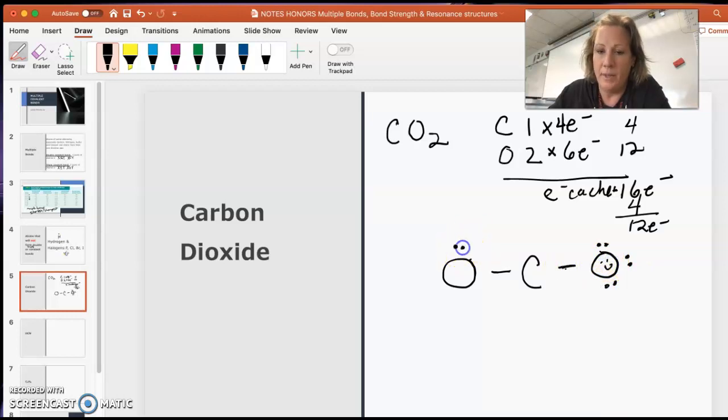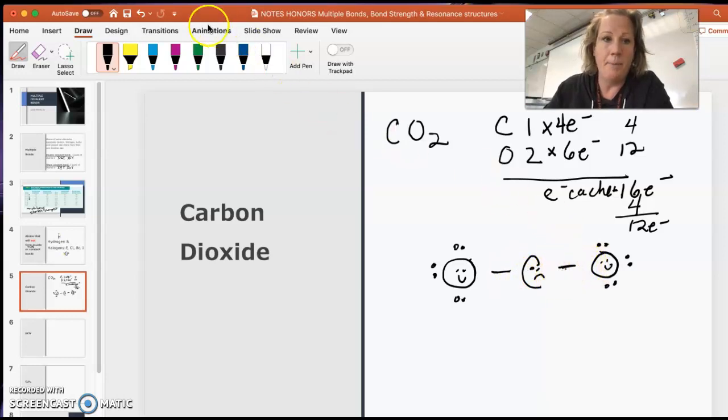And then I would place the others 2, 4, 6 around this one. Again, this oxygen now has 8. The problem is I'm out of electrons now. I only had 12. And poor little carbon is not okay. Carbon is not okay with just 4 valence electrons.